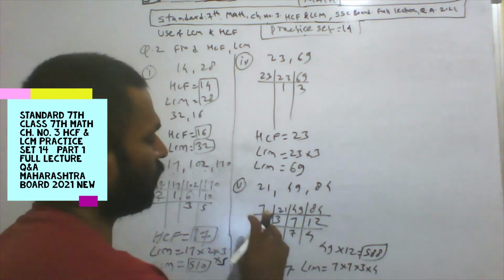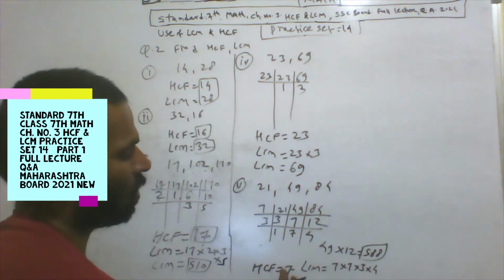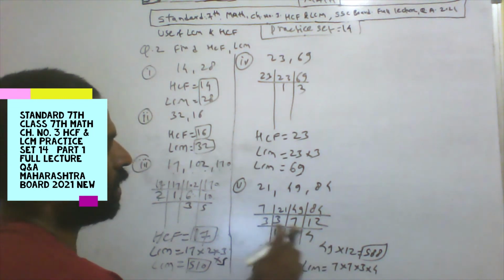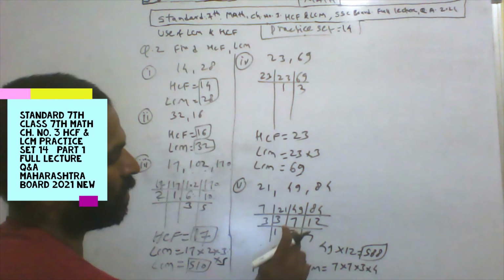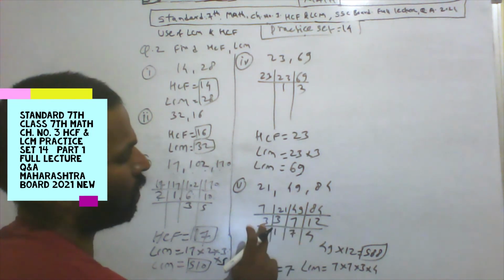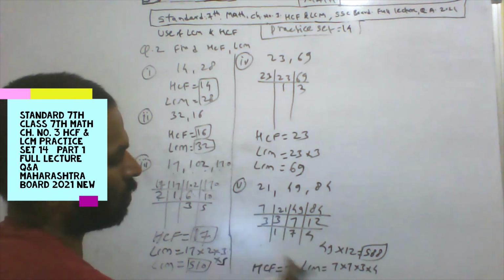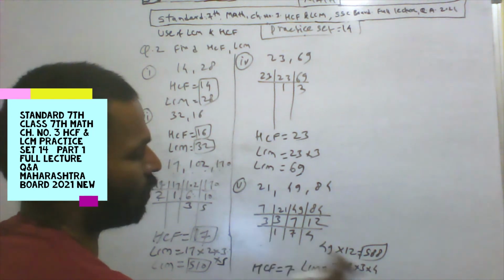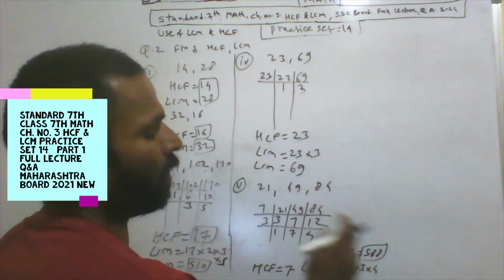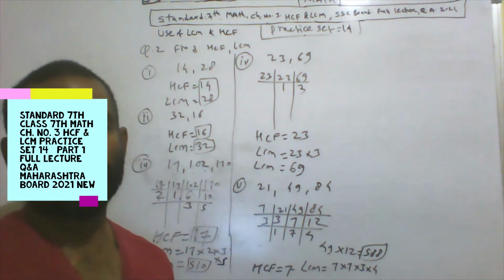Now for the LCM, divide more: 3 ones are 3, 7 remains 7, 3 fours are 12. So 7 into 7 into 3 into 4 is 588. This is the last of this question. Now question number 3.